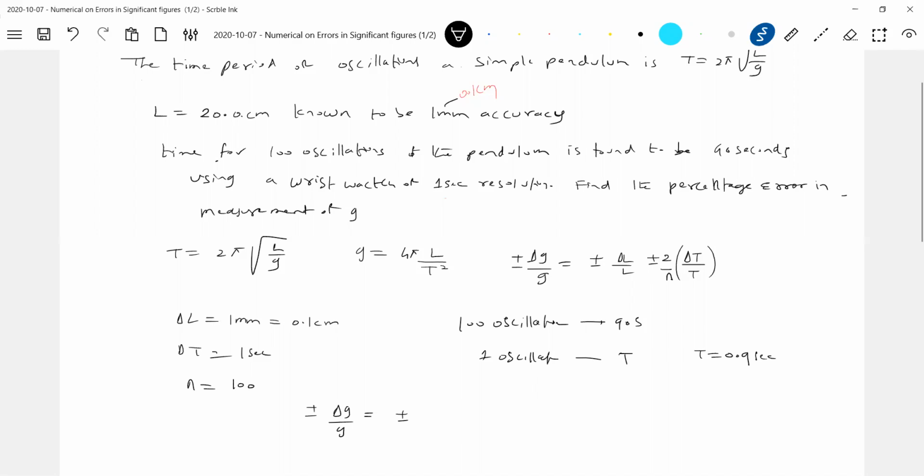Delta L is 0.1 by 20 plus or minus 2 into delta T, 1 second, by 90.